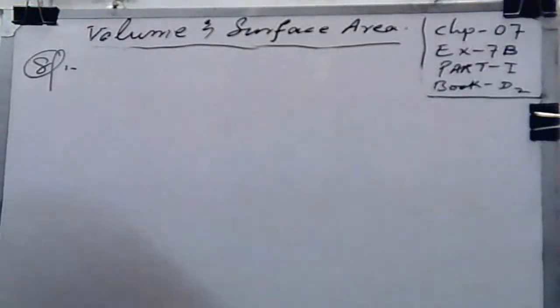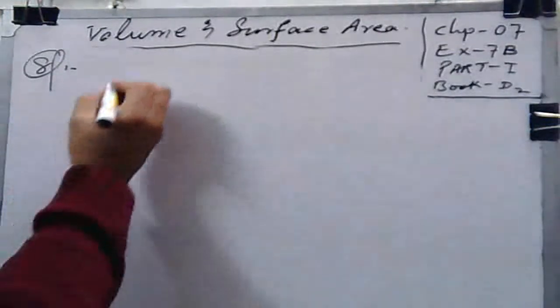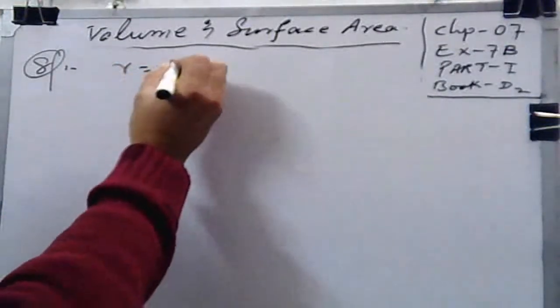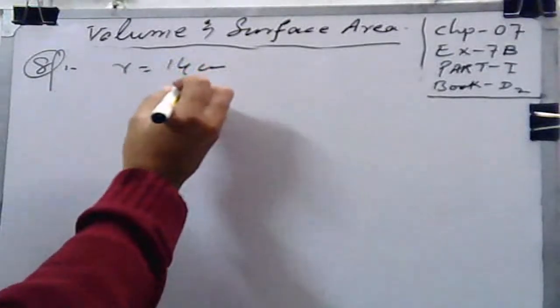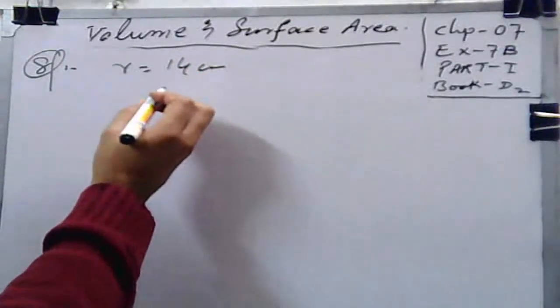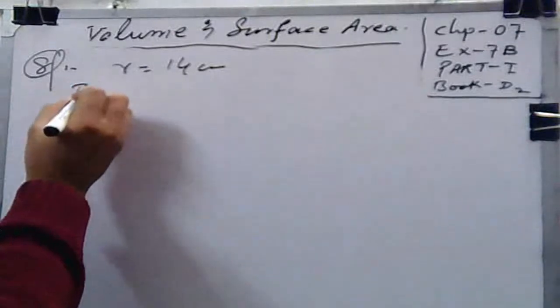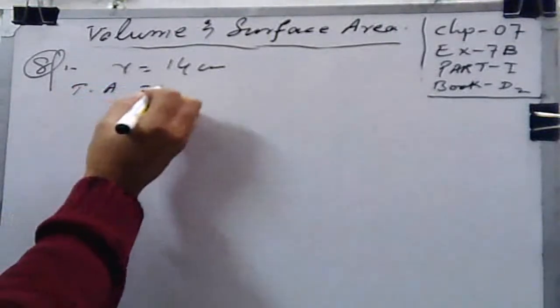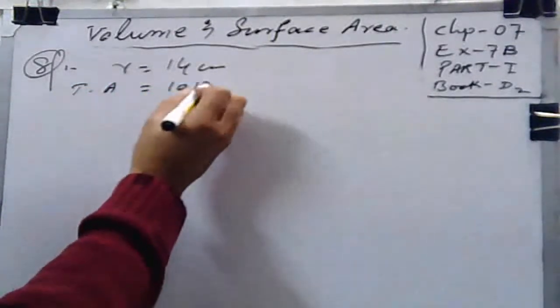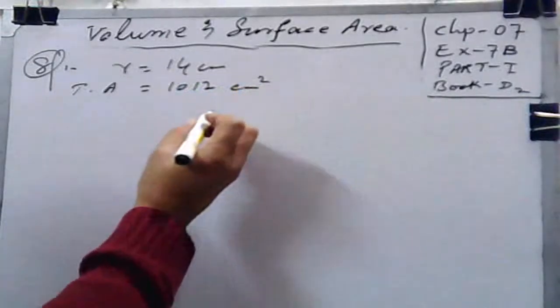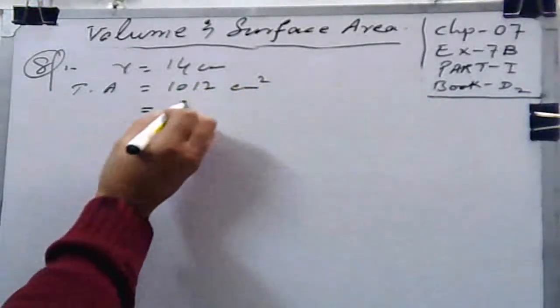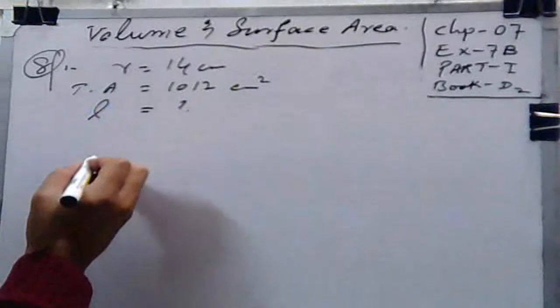Take pi to be 22 by 7. So the radius of base, that is r, is equal to 14 centimeter, and total area is equal to 1012 centimeter square, and we have to find the slant height L.